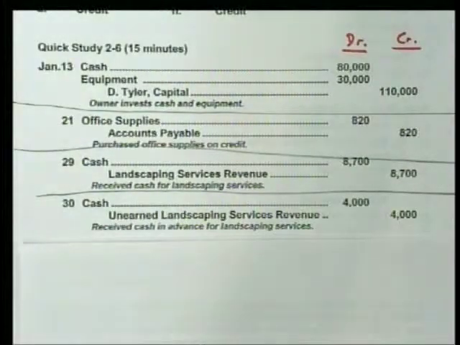Okay, let's go over and do the same thing on our last one, which was exercise 2.4. Is that correct? Yep. All right. Exercise 2.4. Prepare journal entries for the following transactions of a new company called Special Picks.